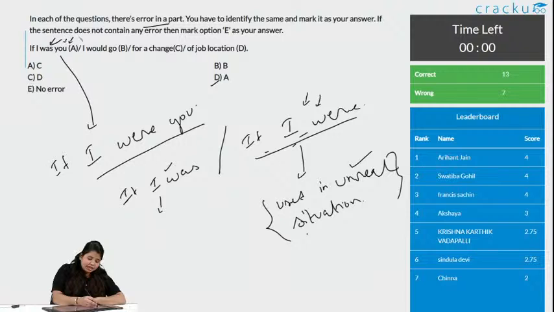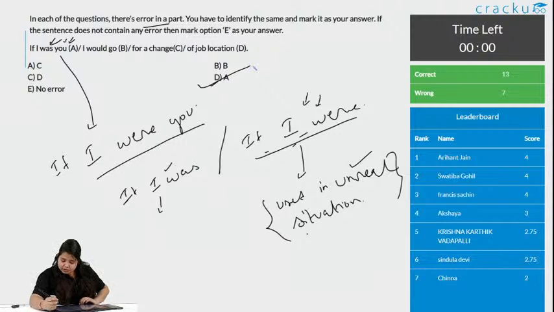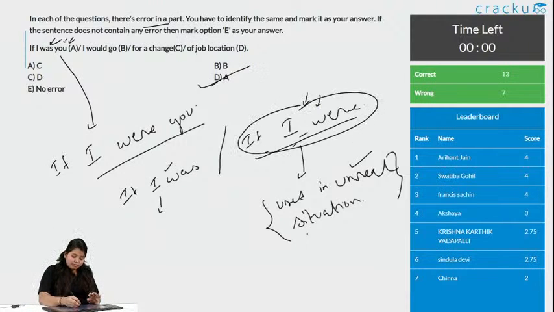So part A has an error and option D is the correct answer. Chalo, let's go to the next question. Exactly, were is used for the past but the sentence is not past. Exactly, that is why this is an exception. I were is used for the subjunctive mood, which is used in an unreal situation.